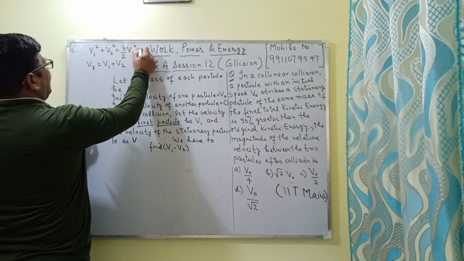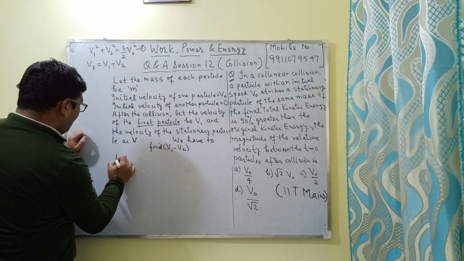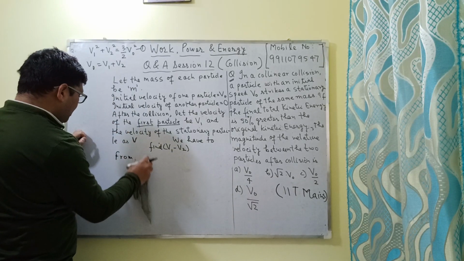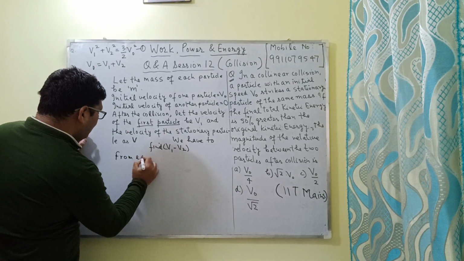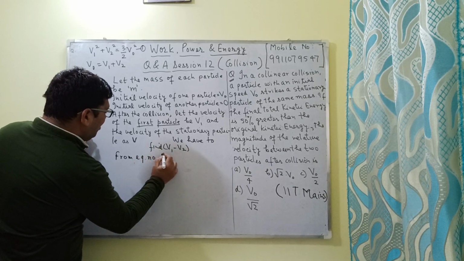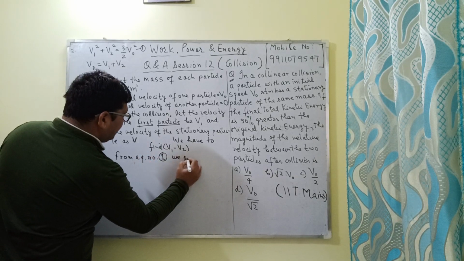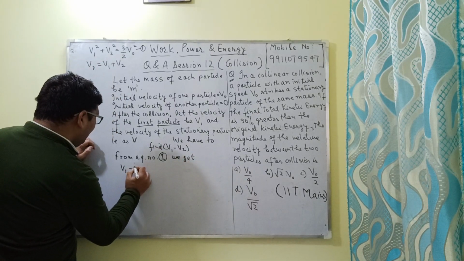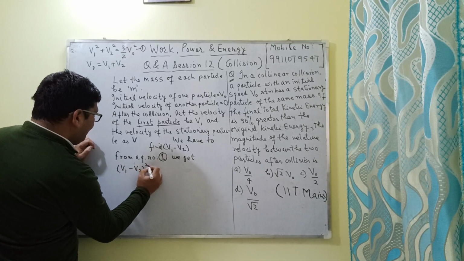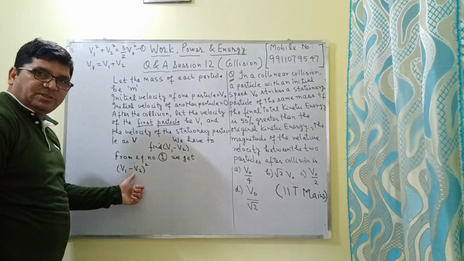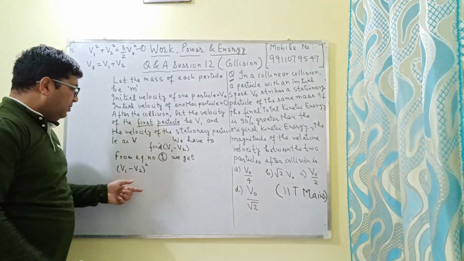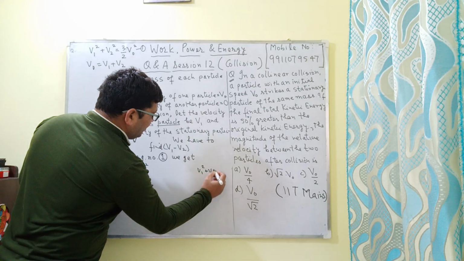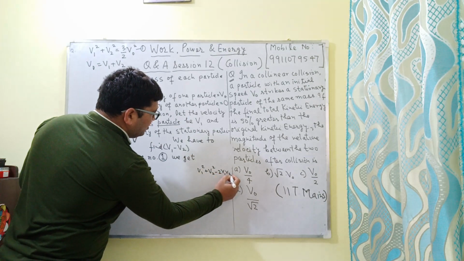So from equation number 1, I can write this equation as v1 minus v2 whole square, which will be equal to v1 square plus v2 square minus 2 v1 v2.